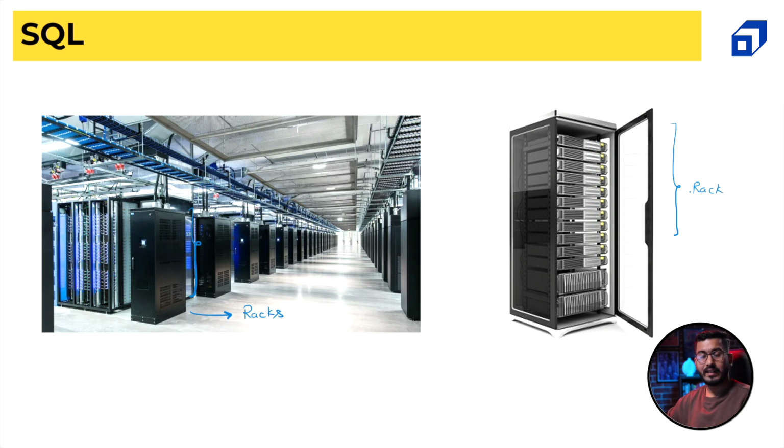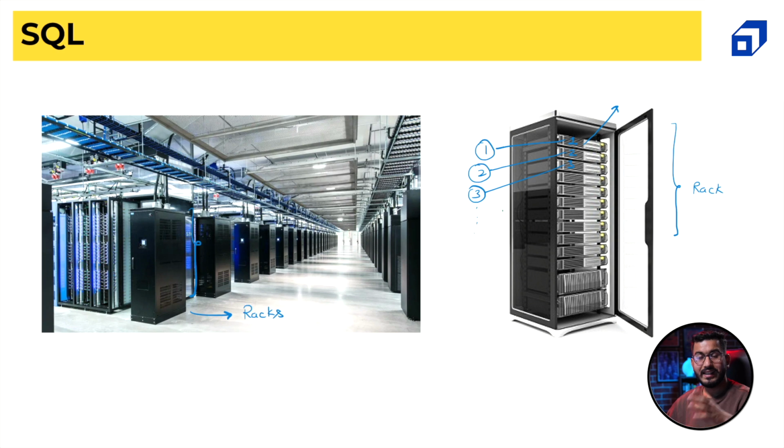And each rack is having a lot of computers connected together to create a huge network of storage plus processing power. So here you can see that each entity over here, this is 1, this is 2, this is 3, and so on.